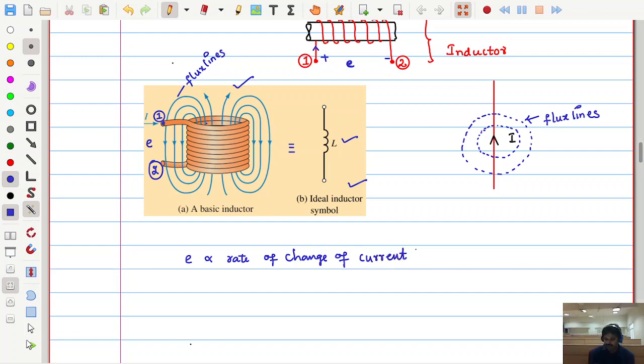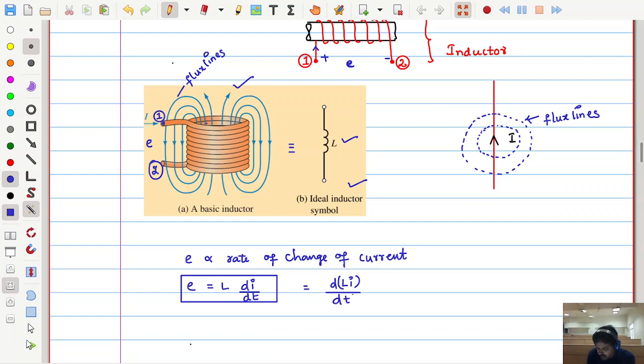This conclusion is from Faraday's laws, that the amount of induced EMF in a coil is proportional to the rate of change of current, which we can write with the proportionality constant as inductance L. So L into di by dt. This is the voltage or the induced EMF. We can make this expression a little different. Since L is constant, we can bring it inside the differentiation.